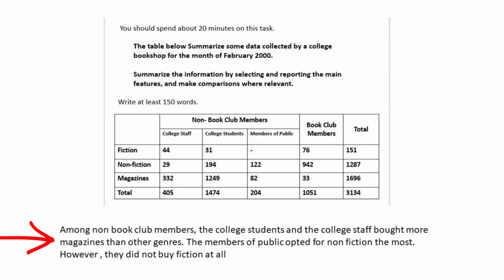Let us go through the point. Among non-book club members, the college students and the college staff bought more magazines than other genres. The members of the public opted for non-fiction the most. However, they did not buy fiction at all.